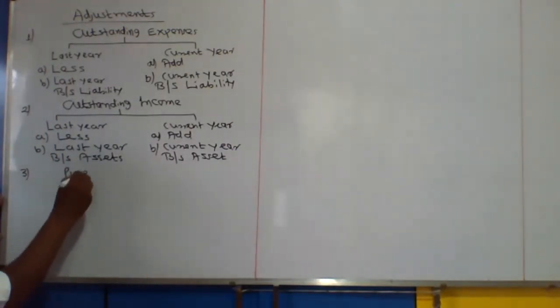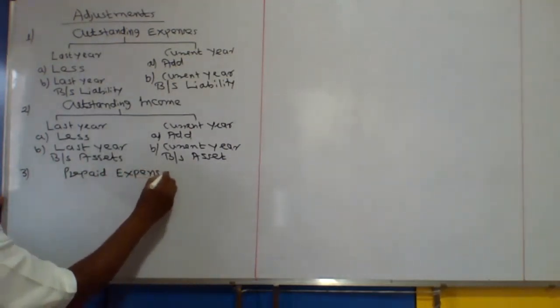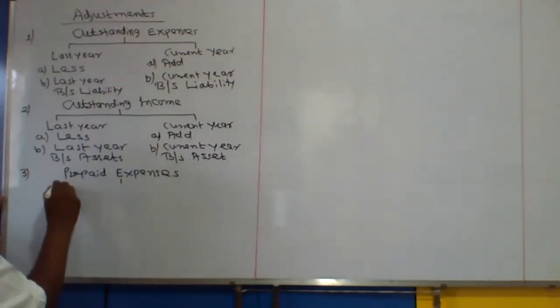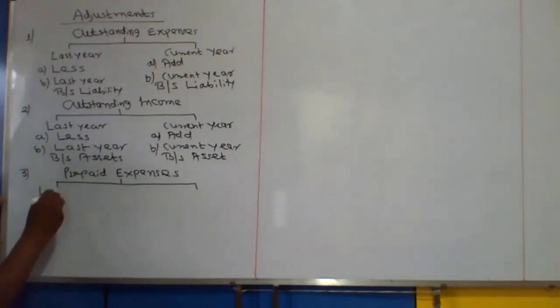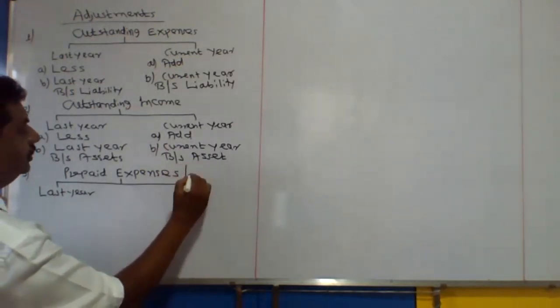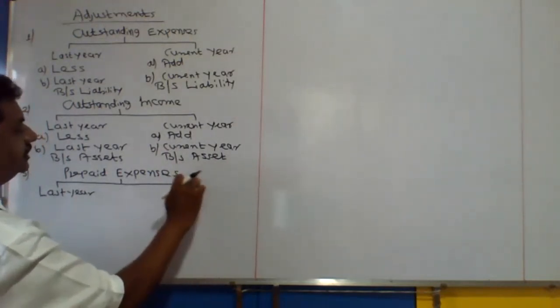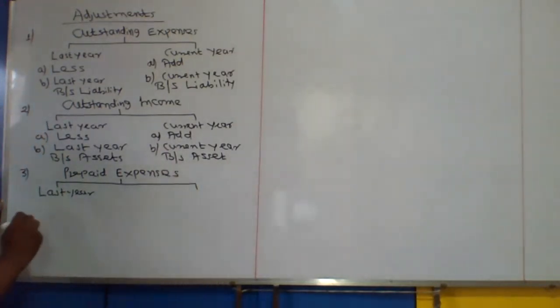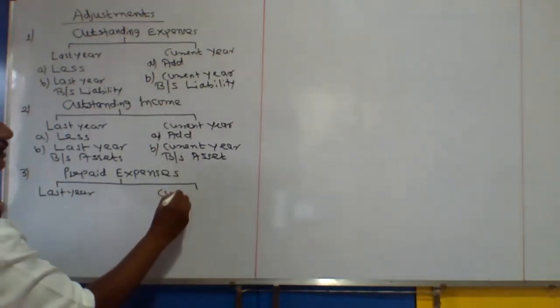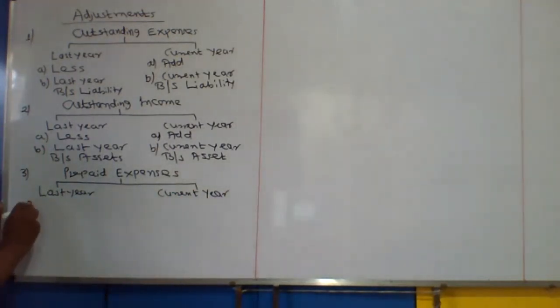Now prepaid expenses. Expenses paid in advance. Last year and current year. Last year prepaid add.